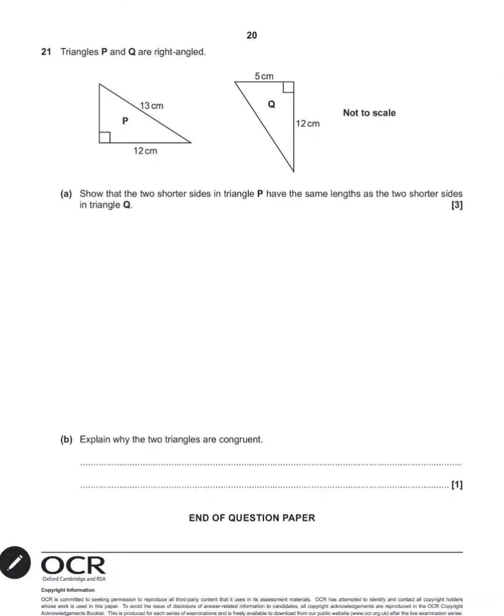Final question on this paper, we've got triangles P and Q. They're both right angled, and we're asked to show that the two shorter sides in P, so this and this, have the same length as the two shorter sides in Q, so the same as this and this. If you've got a right angled triangle where you're looking for missing sides only, it's likely to be Pythagoras' theorem.